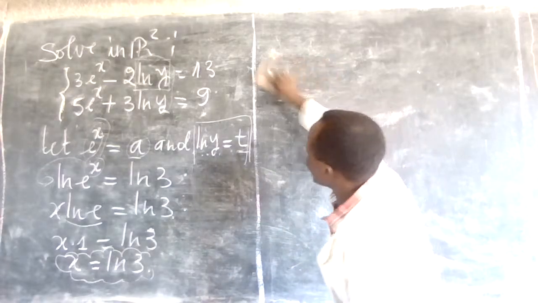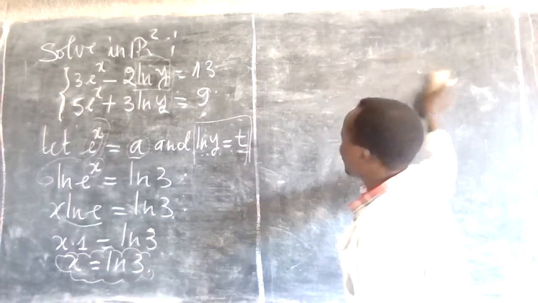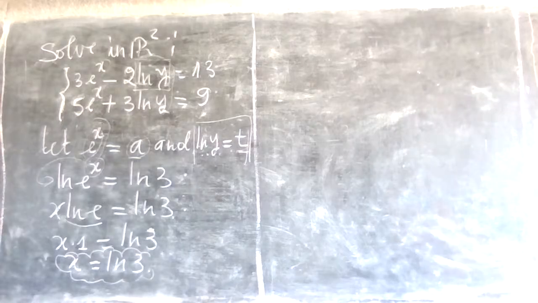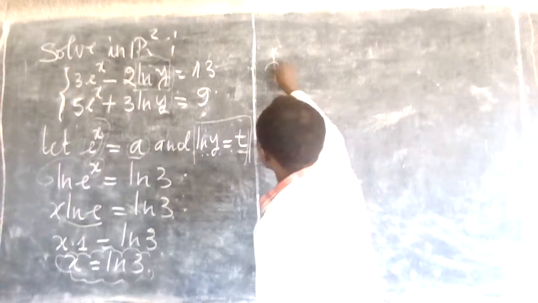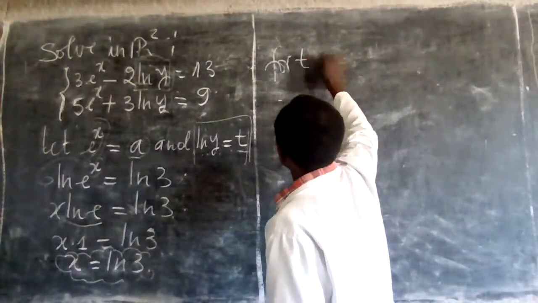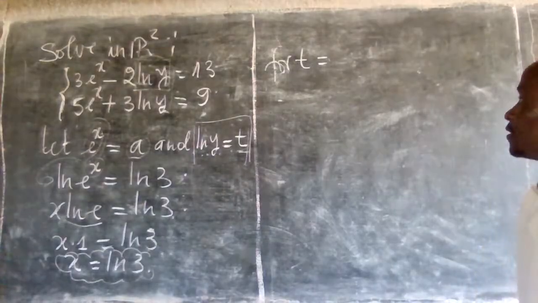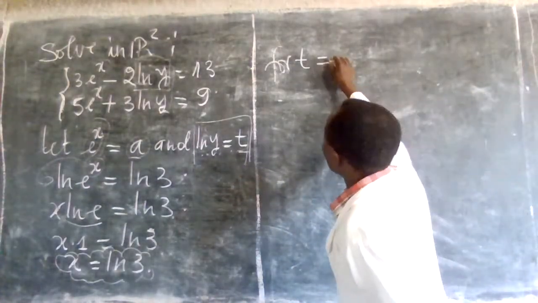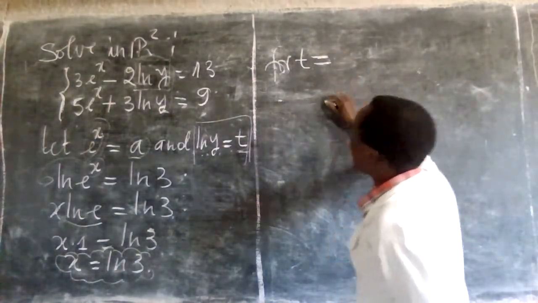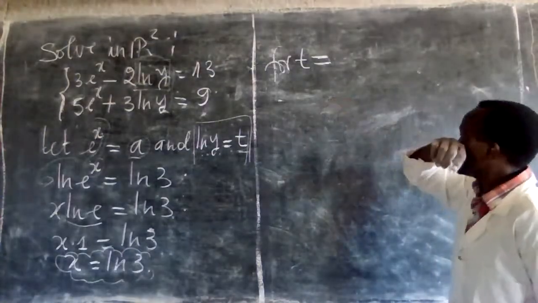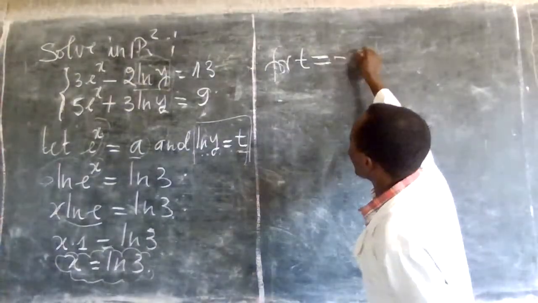Also, we are going to find the value of that one. Now, how should we find the value of that? For t, which is equal to minus 2, are you together?